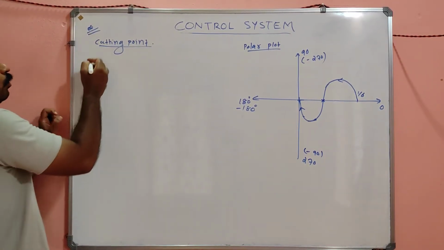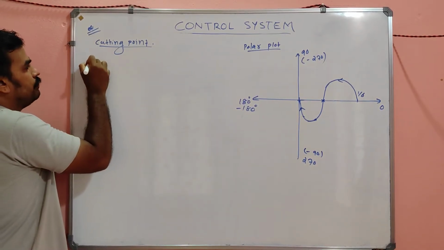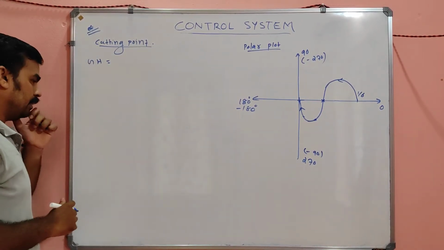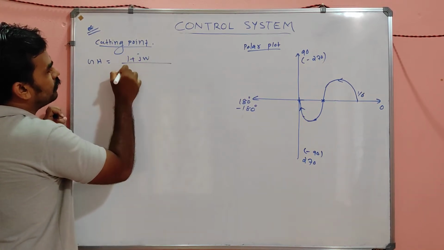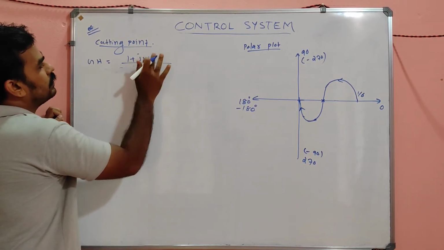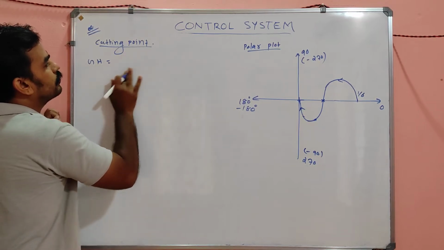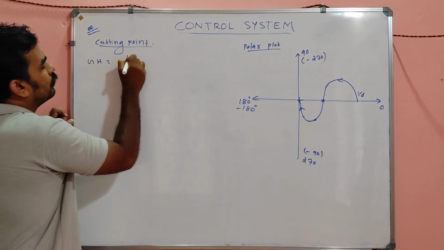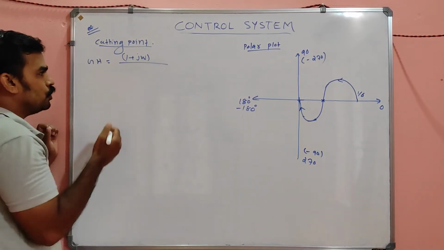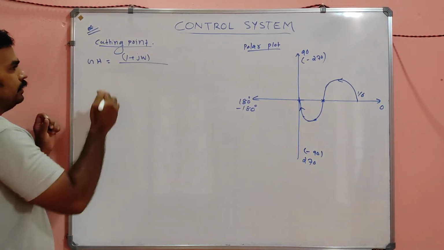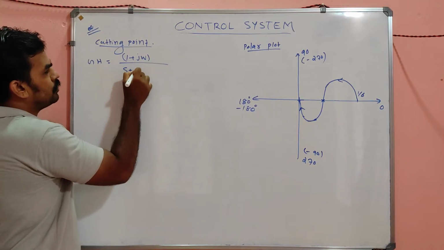So how can we find it? We have GH equal to what, my dear? 1 plus j omega whole divided by 2 plus j. Okay, I can say like this: 1 plus j omega into that denominator. Now I am going to expand it. So it will be, I think, s plus 2 into s plus 3.